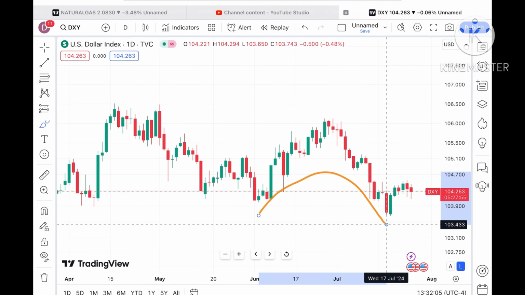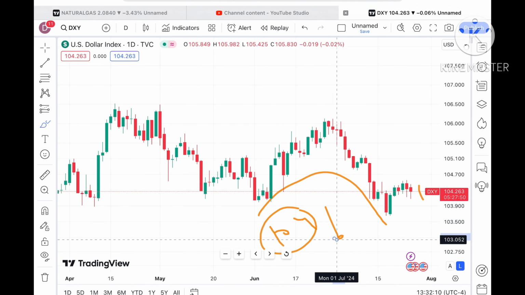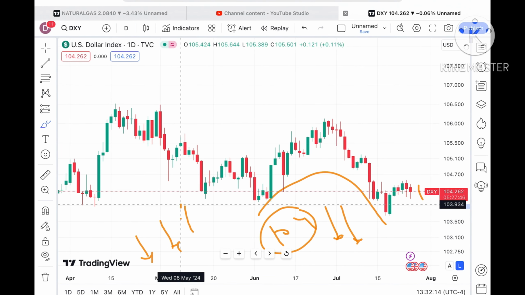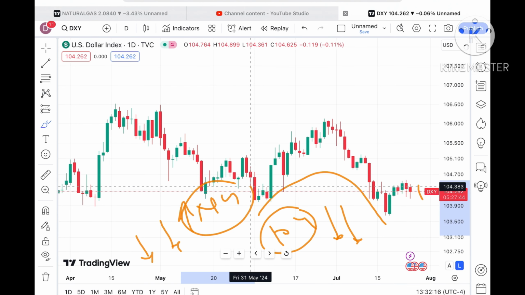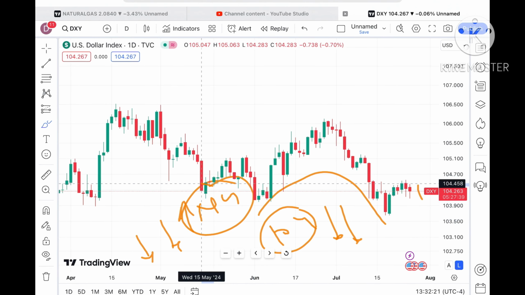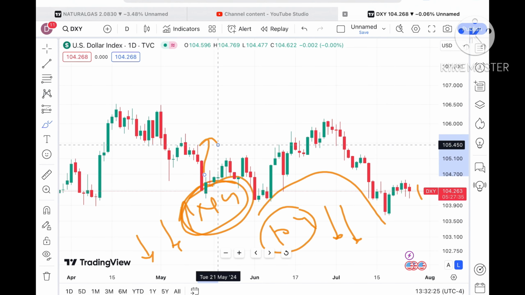It is trying to go down because a similar pattern is forming downside, and if the price starts falling below 104, the dollar index will go further low. And once the dollar index starts going down, we will see the natural gas price come up. This is what we see: the natural gas price moves upside when the dollar index goes down.